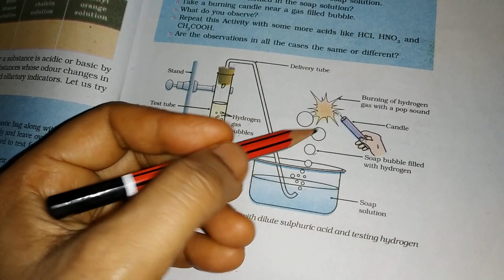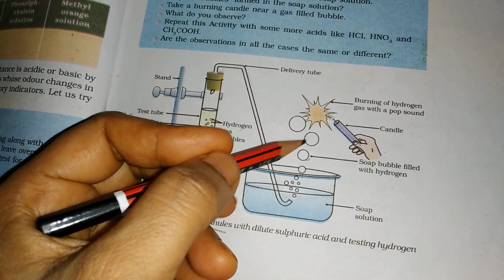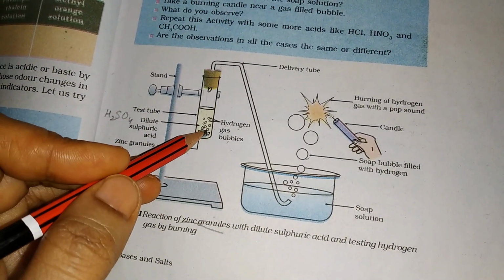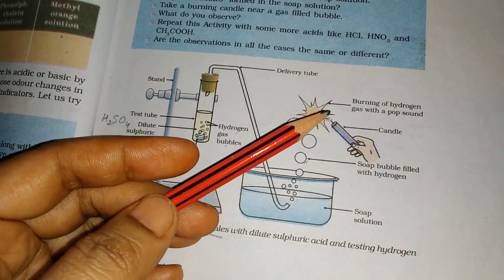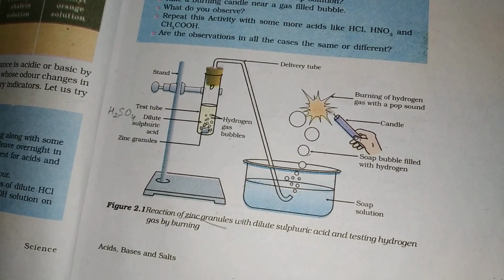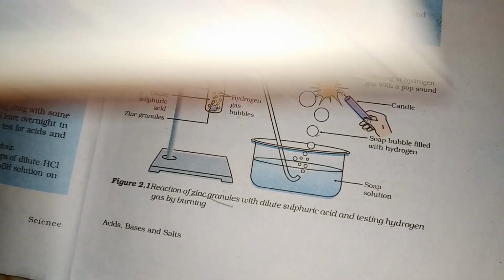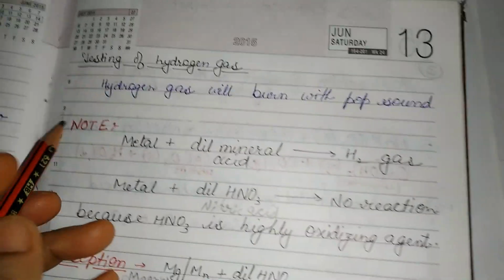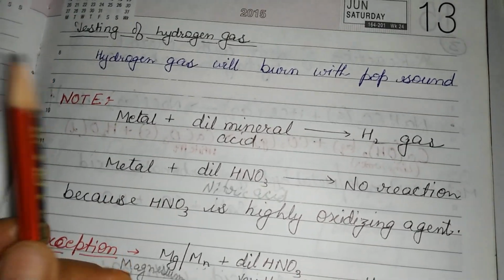Means hydrogen burns with a pop sound. Then we can confirm that this gas is hydrogen gas. So this shows that when acid reacts with metals, it gives hydrogen gas. So this is the activity that we have to study, through which we can test that hydrogen gas is coming out.